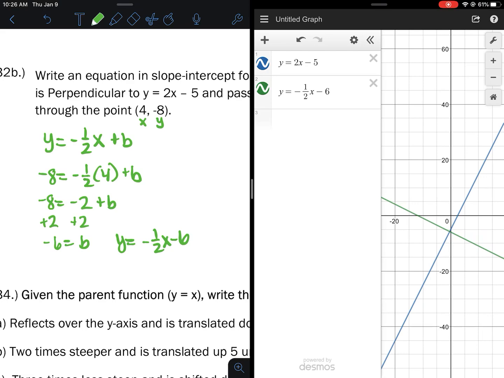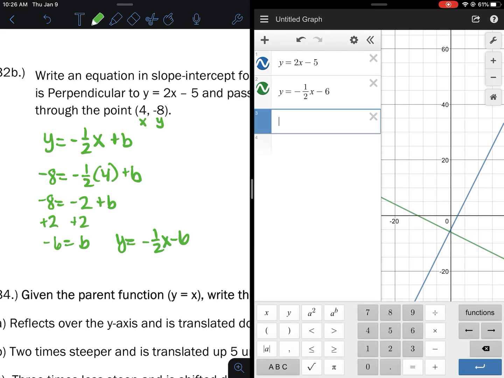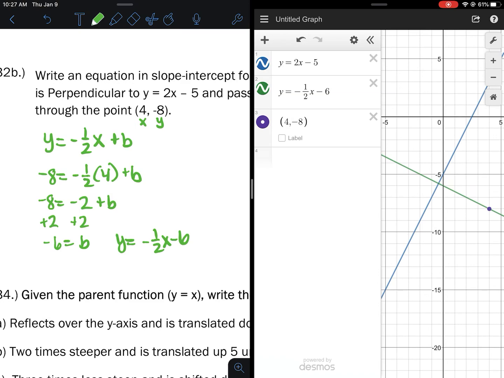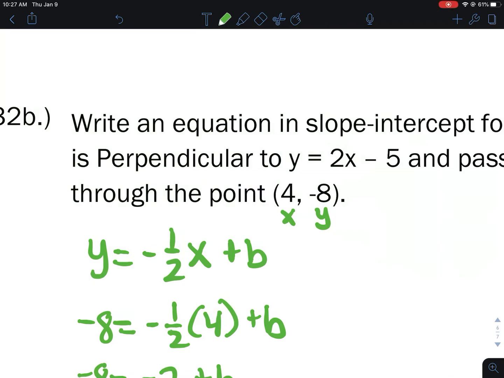So you can do a quick visual check. It's not as precise, but it's something to look at. Then if you type in the point 4, negative 8, you'll see that there's that point on our new line there. So you can always check these answers by kind of graphing it all and taking a look at it to make sure it looks right.